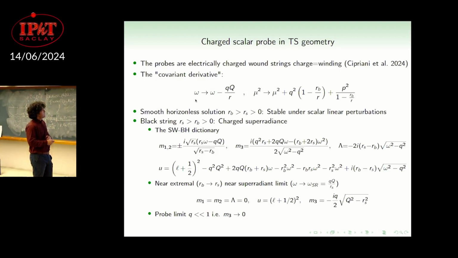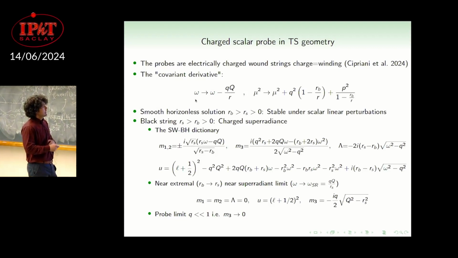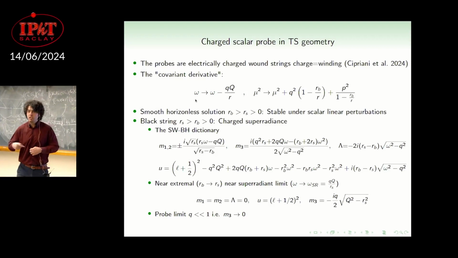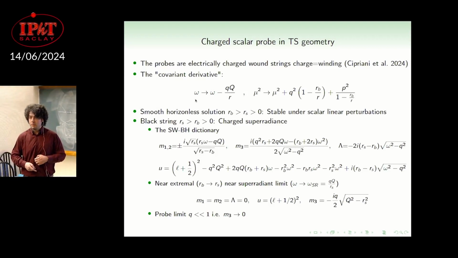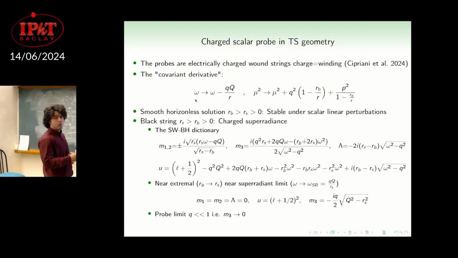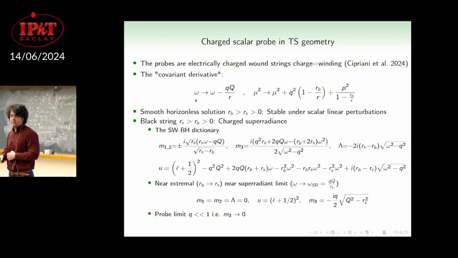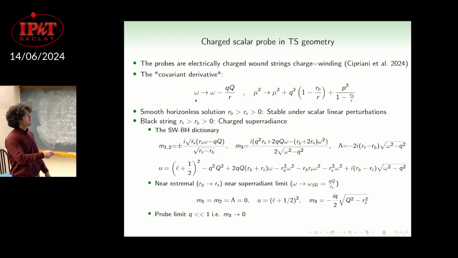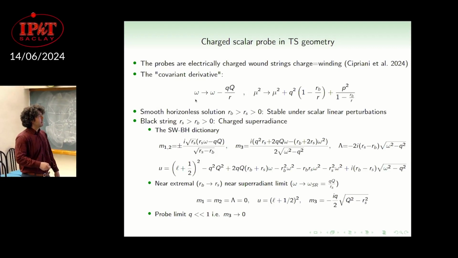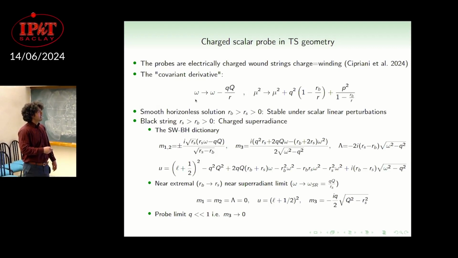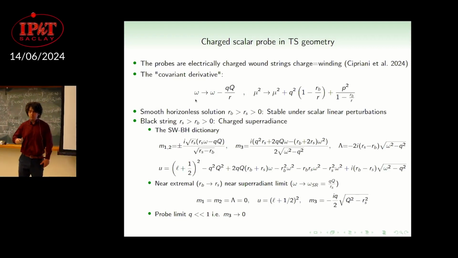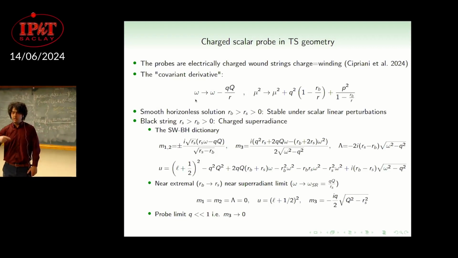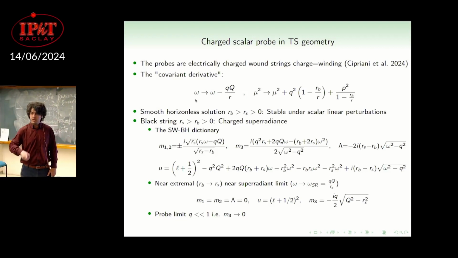It is string inspired because you can see that this is a sort of mass shell condition for the strings, where mu is due to the oscillators of the string, and the other two contributions are coming from the Kaluza-Klein momentum and the winding number. In fact, in this viewpoint, the charge of your stringy probe is exactly the number of times that your string is wrapping around the y direction.